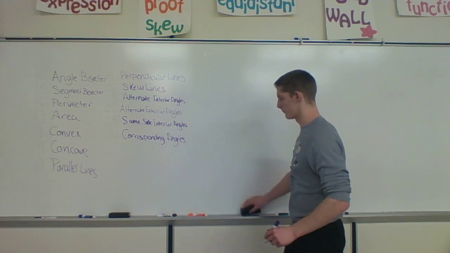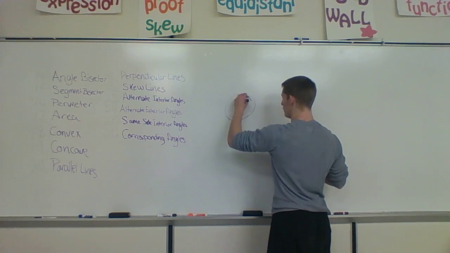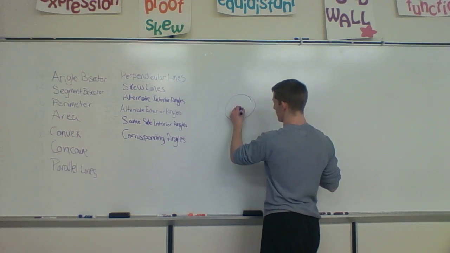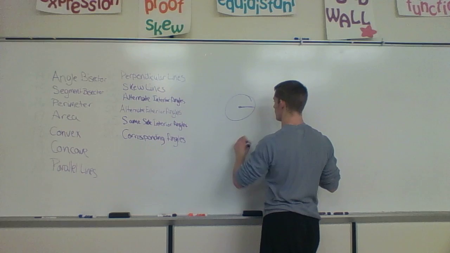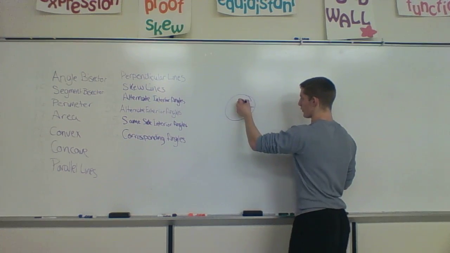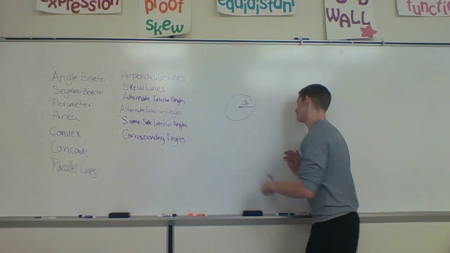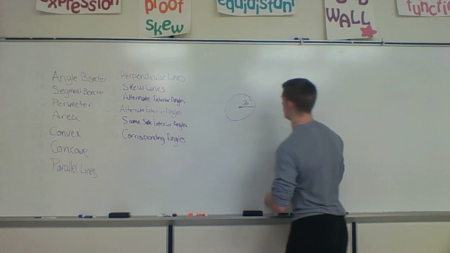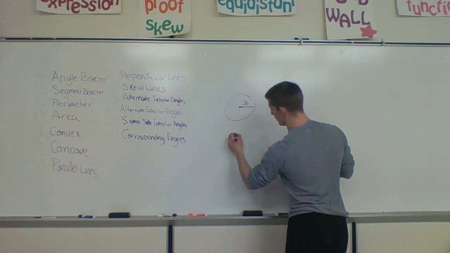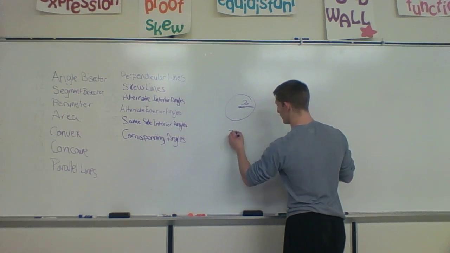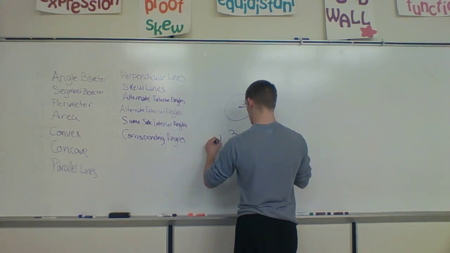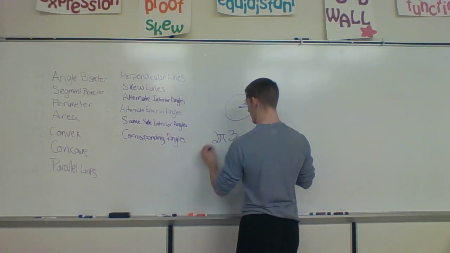And then, however, a circle, you have to go by the radius. So 3 is the radius, and then the formula for that would be 2 times pi times 3.